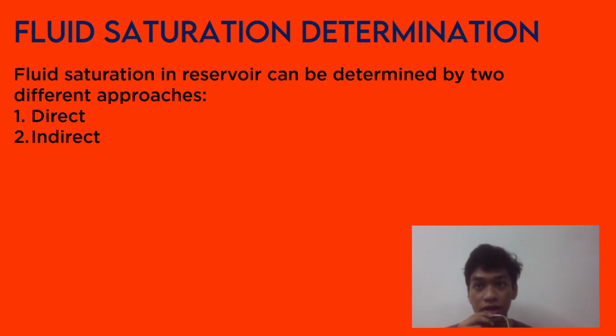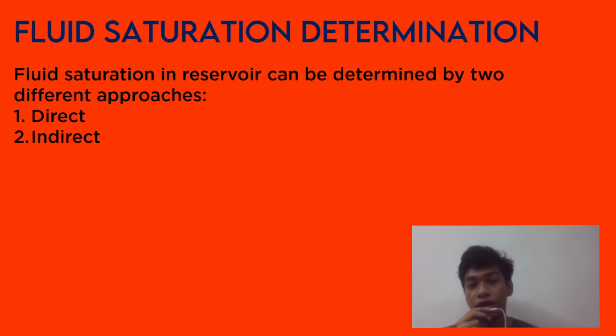The second one is the indirect method, which is divided in two categories. The first one is the use of some other measurements on core samples, such as capillary pressure, based on which the fluid saturations are determined. The second one is based on traditional well logging techniques, where fluid saturations are not measured on core plug, but instead are measured in situ for the entire formation itself at various depths.